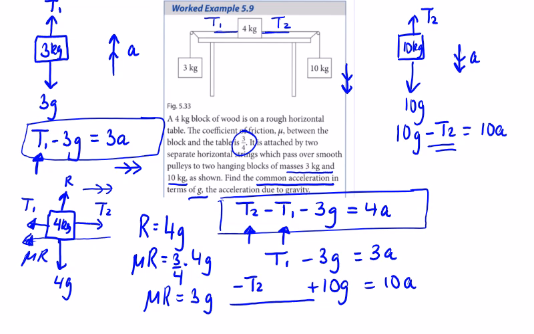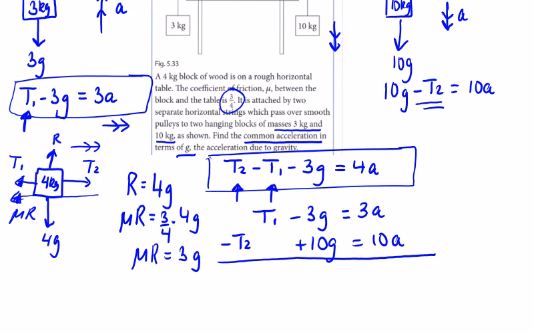You can see here that my tensions are going to cancel and I'm just going to be left with G and A. So I'm going to be left with minus 6 plus 10, 4G is equal to 17A. So the acceleration is 4G over 17, and that's the common acceleration in terms of G due to gravity, 4G over 17.